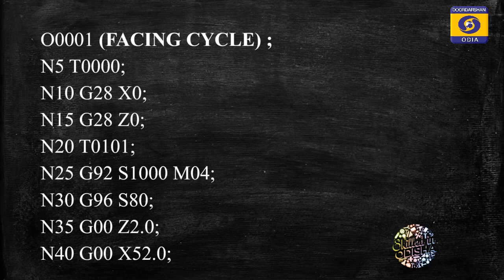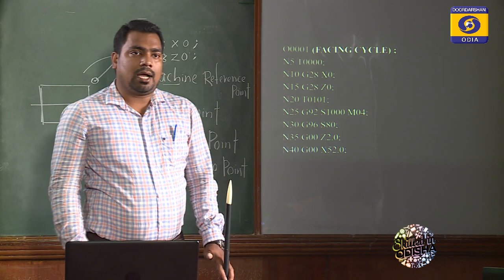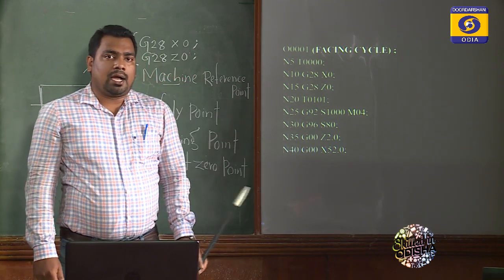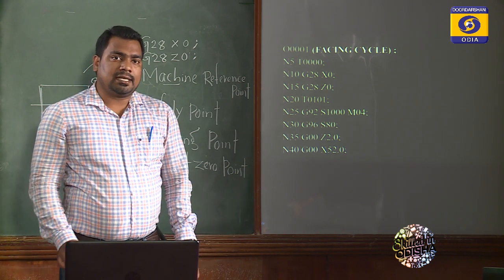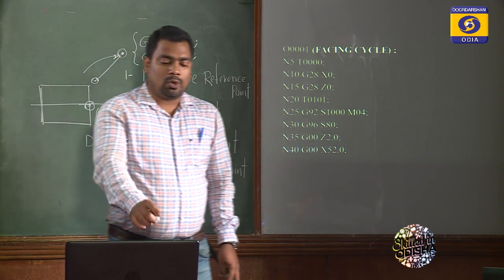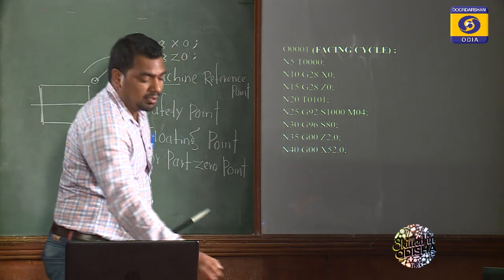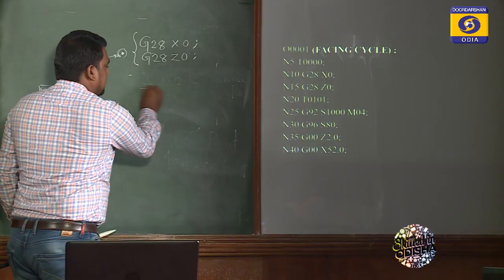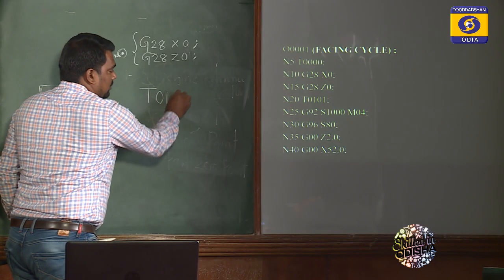Now I will define by which tool I have to operate the facing operation. So I have to fix a facing tool in station number 1. So I have noted it as T0101.